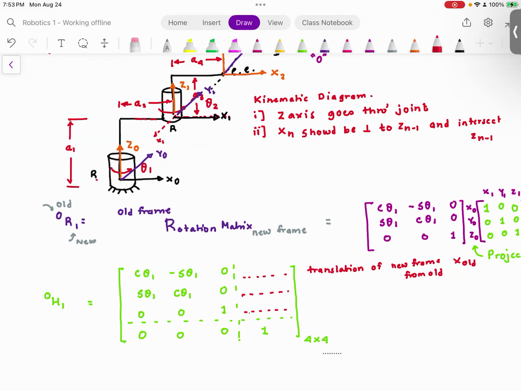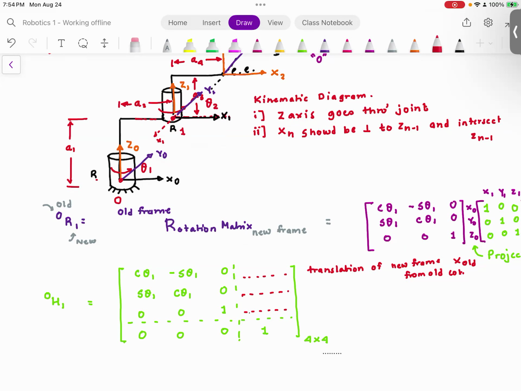Now, what does this mean? Now, please try to understand. This is my old frame. Do you agree with me? This is my 0th frame. This is my first frame. I want to find out what is the distance between the 0th frame and the first frame. So, translation of the new frame, translation of frame 1 with respect to frame 0 in the coordinate frame x0, y0, z0. So translation of new frame x old in the old coordinate frame.